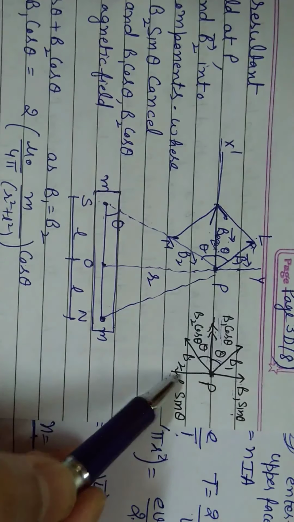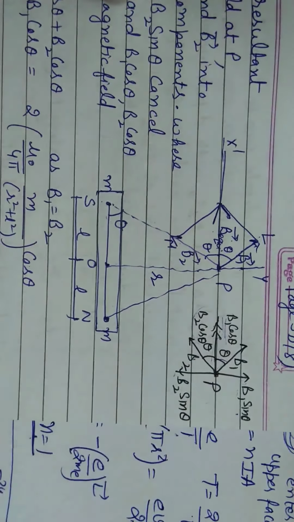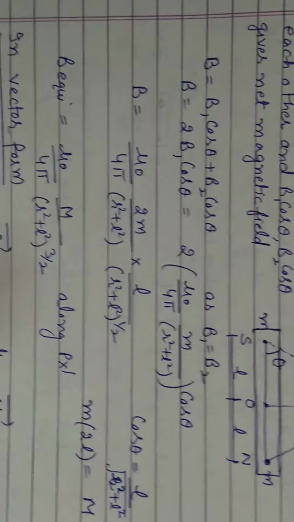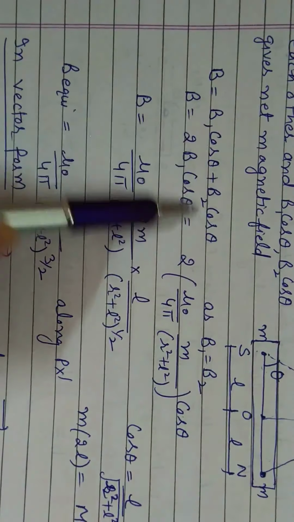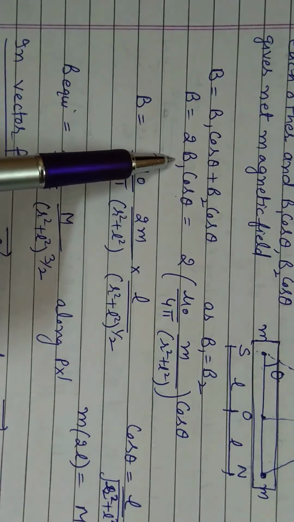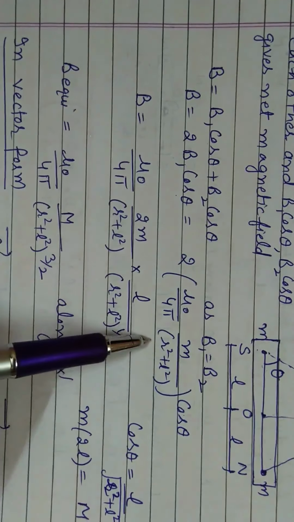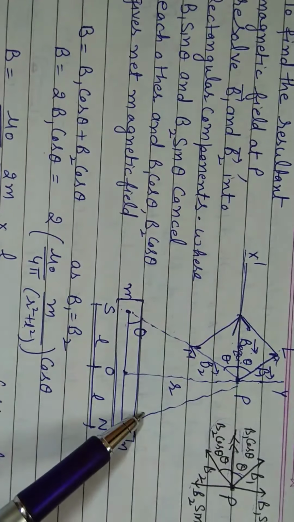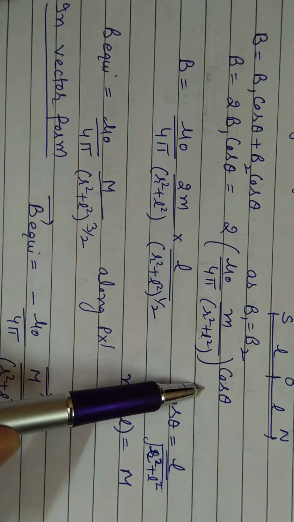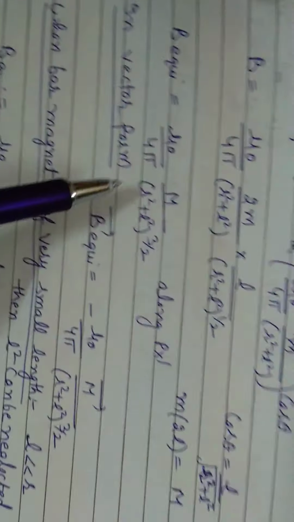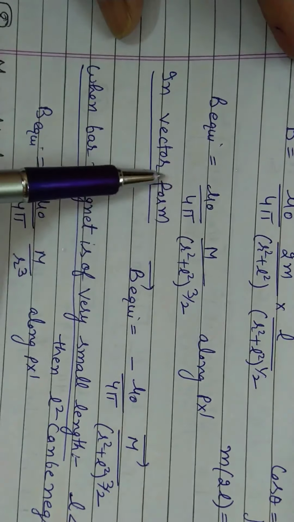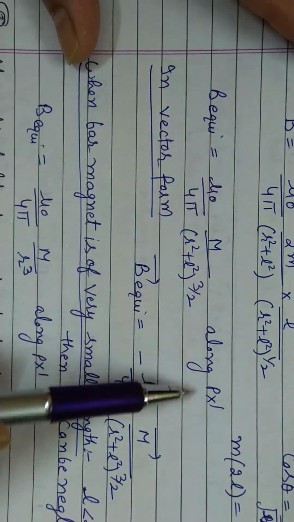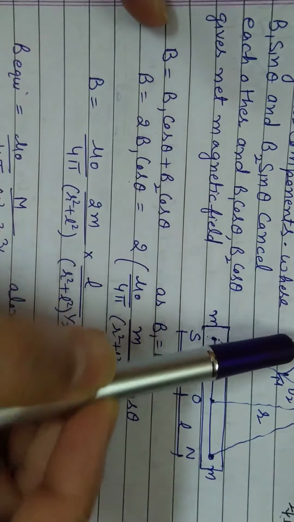The sine components cancel each other, but the cosine components add to give the magnetic field. And again we have the values B1, two B1 cos theta. And what is the magnetic field? Mu naught upon 4 pi, M upon (r square plus L square), because in this case this distance is the same. By putting the value of cos theta, we again get mu naught upon 4 pi, M upon (r square plus L square) to the power 3 by 2, in this direction.